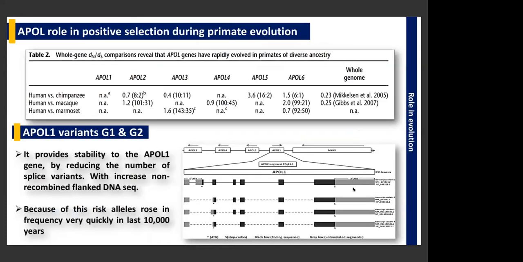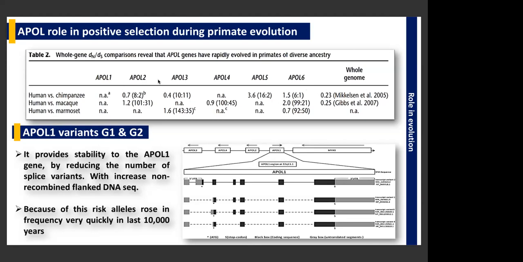If we talk about the role in evolution, people have calculated the number of mutations that have occurred in the APOL family. They calculated the ratio of non-synonymous to synonymous mutations. Because APOL1 is not present in any species except humans, they couldn't calculate it for APOL1, but for APOL2, 3, 4, 5, and 6, they calculated that if this ratio is more than 1, it means the gene has a significant role in the evolution of that particular species.